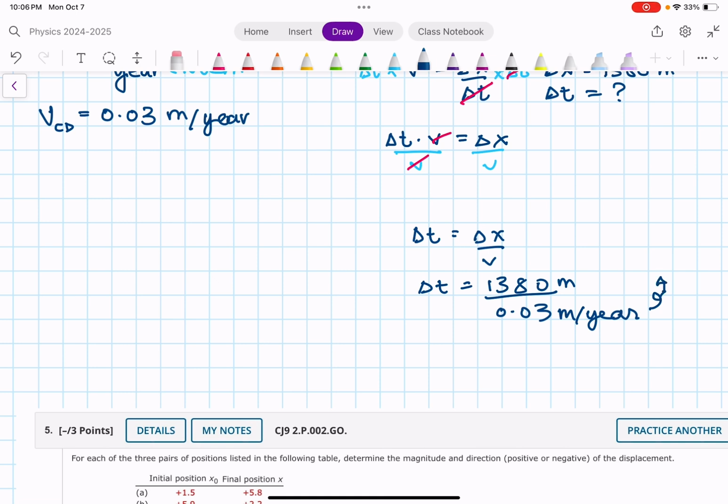The meters cancels the meters, and I'm left with delta t equals, let's do that division. So it's 1380 divided by 0.03 is 46000 years. So that is the answer that we're looking for.